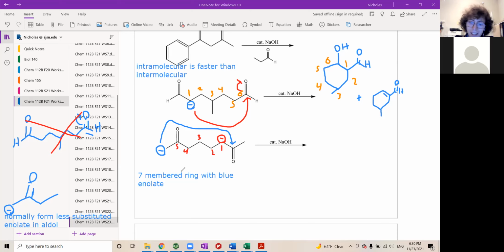So that's why the red one will be preferred. Even though it forms slower and it's normally not preferred, the ring that forms is more important here than kinetics. So that's going to be what leads to the major product.